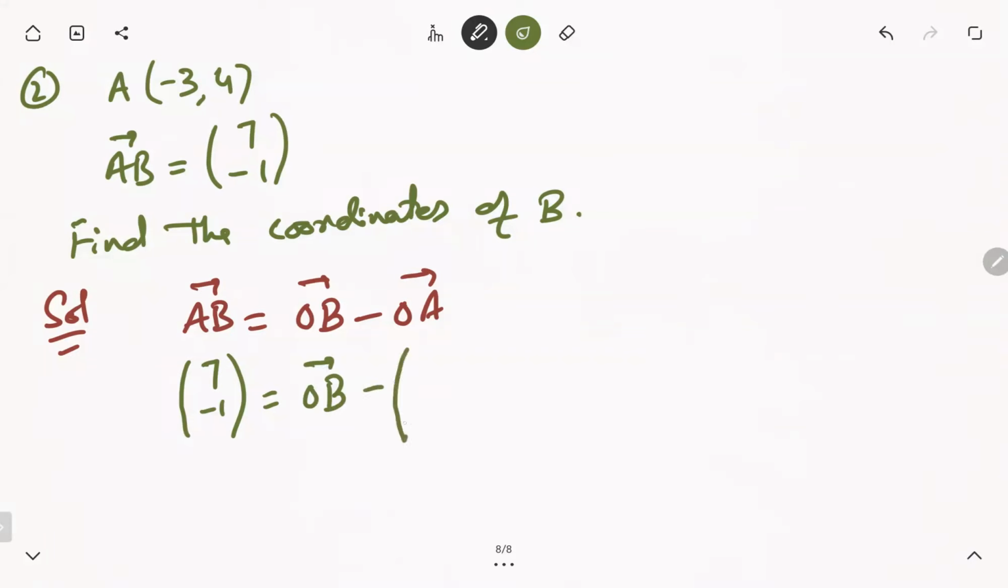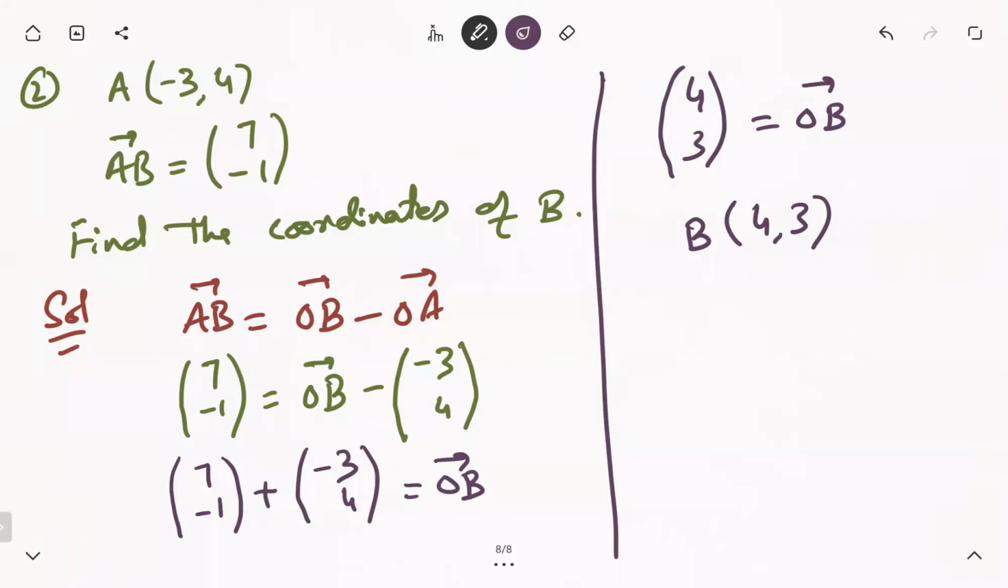This is the position vector of B. But we are looking for the coordinates. The final answer has to be written in coordinate form. So the coordinates of B are (4, 3). I hope there is no issue.